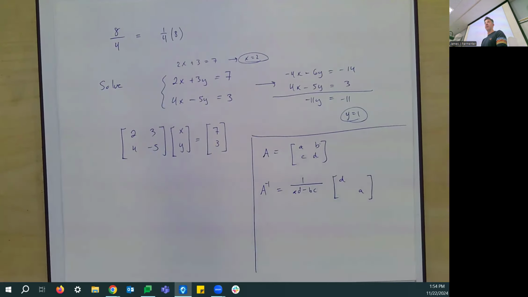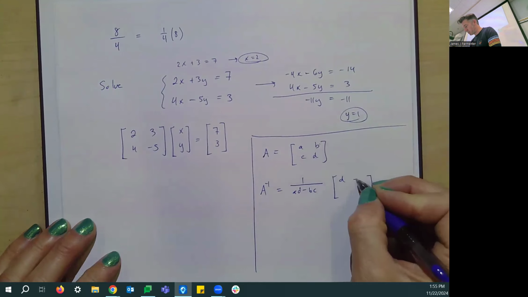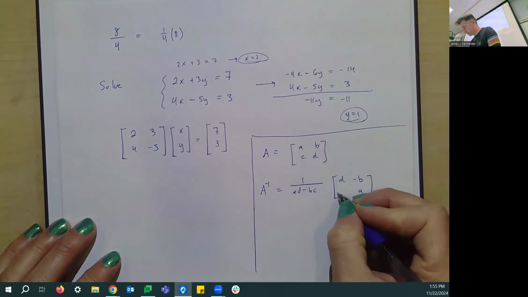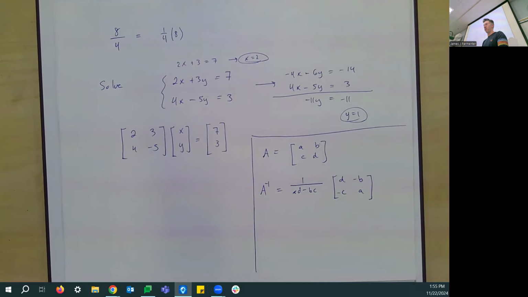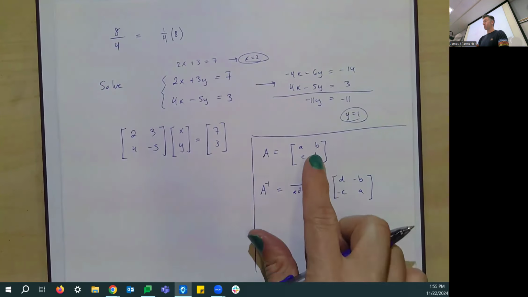So a and d switch places. And the off diagonals, b and c, you change their signs. If b was positive, it becomes negative. If c was negative, it becomes positive. You just slap a negative in front of both of them.